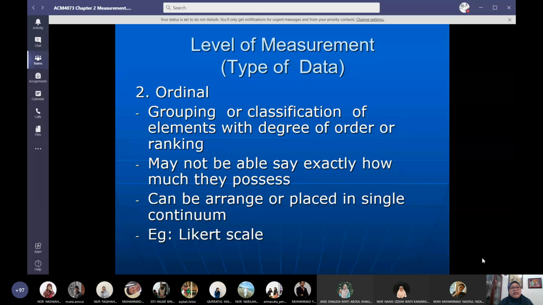So what does that Likert scale mean? We usually say number 1 as very false or very untrue. Then untrue, moderate, true, and very true. In Bahasa we have sangat tidak benar, tidak benar, sederhana, benar, and sangat benar.